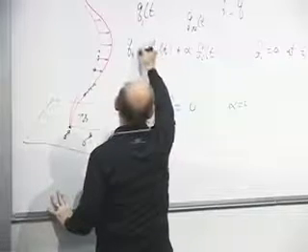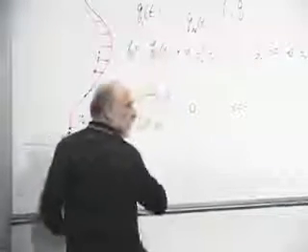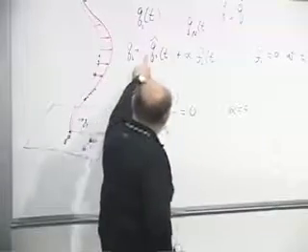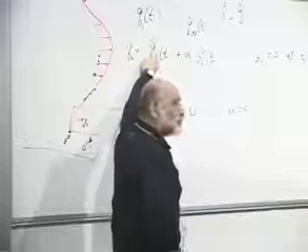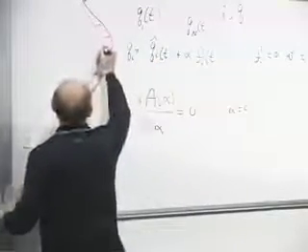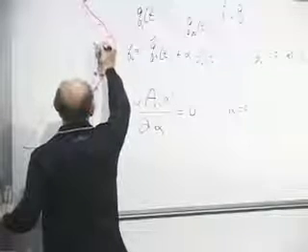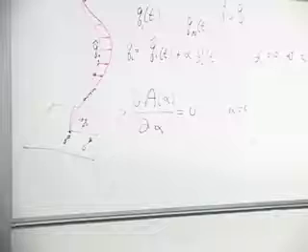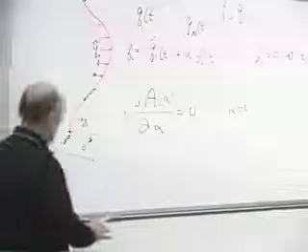Q sub i is equal, now let me put a little hat over this. This indicates that this is the true solution to the mathematical problem of finding the correct trajectory. So let's call one of these trajectories Q hat.